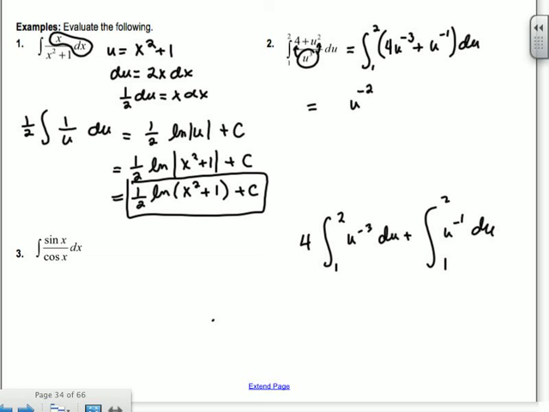What number would I need out front to multiply to be 4? Negative 2. Or you could think of it as 4 times 1 over the new power, if you can't do that in your head. All right, plus, the second part's going to be natural log of the absolute value of u, and you're going to go from 1 to 2.